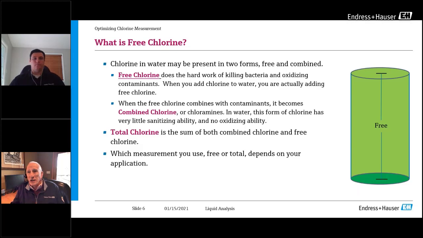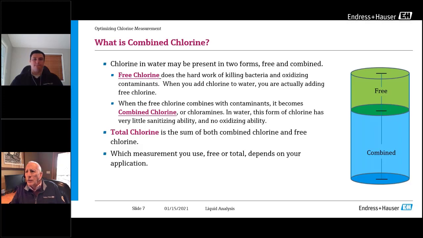So you see here in my example, we've taken our cylinder of water, we've dumped some free chlorine into that water, maybe it was sodium hypochlorite, and all of the chlorine now in that water is free chlorine. Now what's going to happen is that chlorine is going to begin to combine with the contaminants that are in the water, the bacteria and the organisms, and it becomes what we refer to as combined chlorine. One example of that is chloramines. That's when ammonia combines with chlorine, you get chloramines.